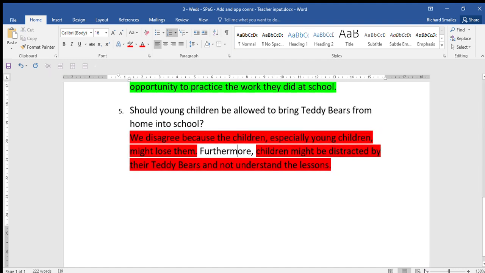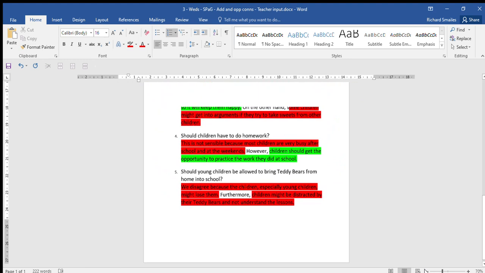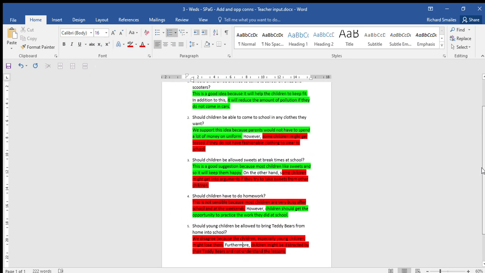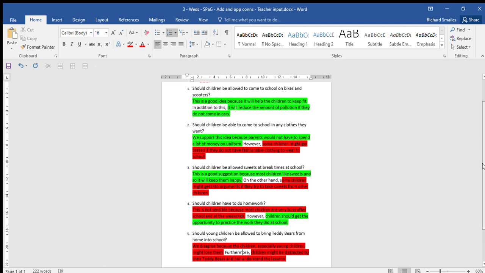Now, if we make it much smaller, I know it makes it very difficult to read the text when it's this small, but really it's not the text that I'm thinking about, it's the connectives. So in example 1, both sentences agreed, so therefore you've got in addition to this, that's an addition connective.